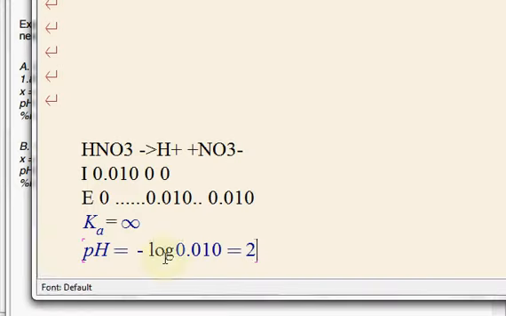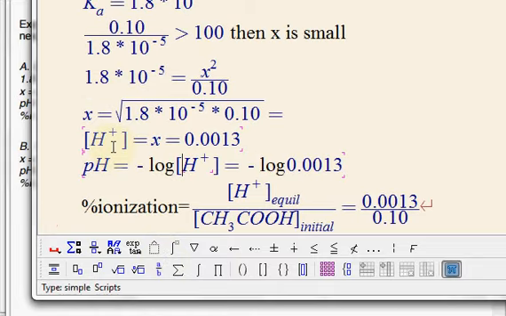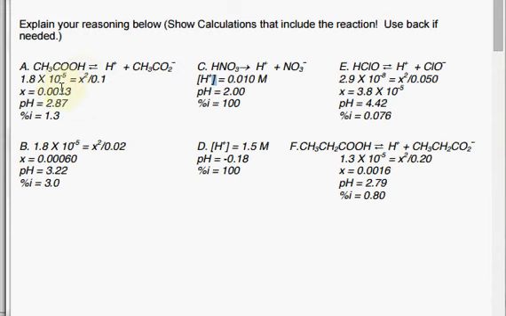And, oh yeah, sig fig rules. I guess I haven't really talked about that. I'll go ahead and go back to the first one and talk about sig fig rules. Going into this, we have 2 sig figs, and pH has 2 decimal places.